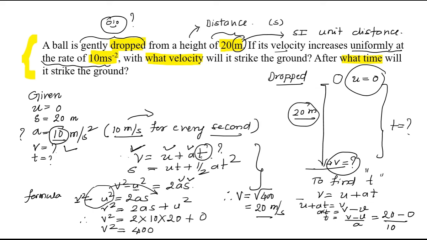So that is equal to 2 seconds. t equals 2 seconds. So what are our answers here? First answer is that the final velocity is 20 meter per second, and how much time does it take? 2 seconds. Thank you.